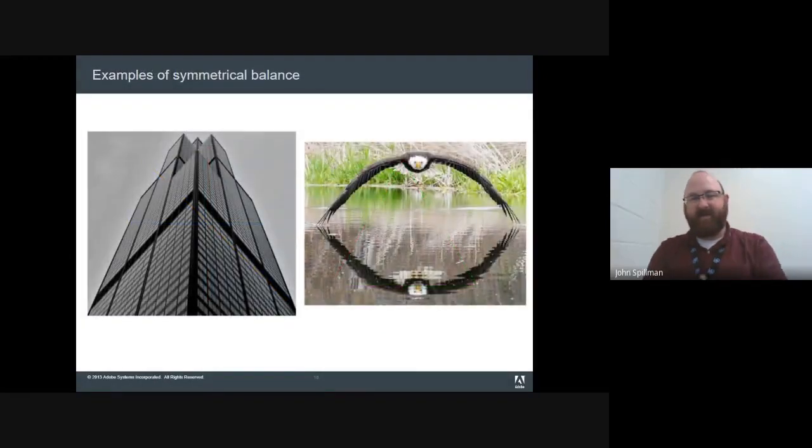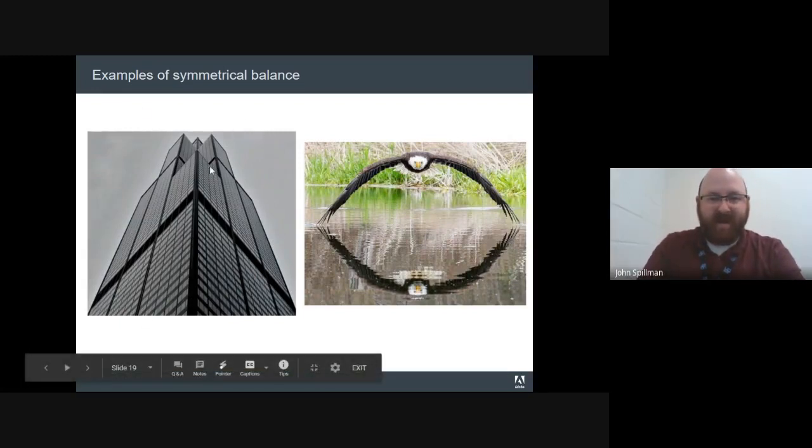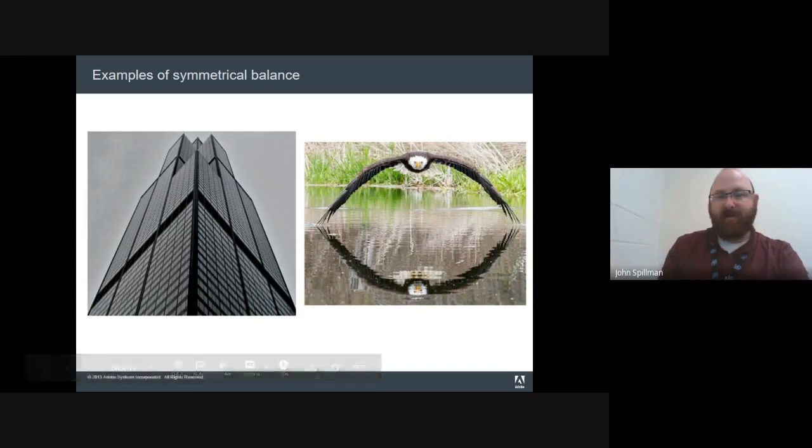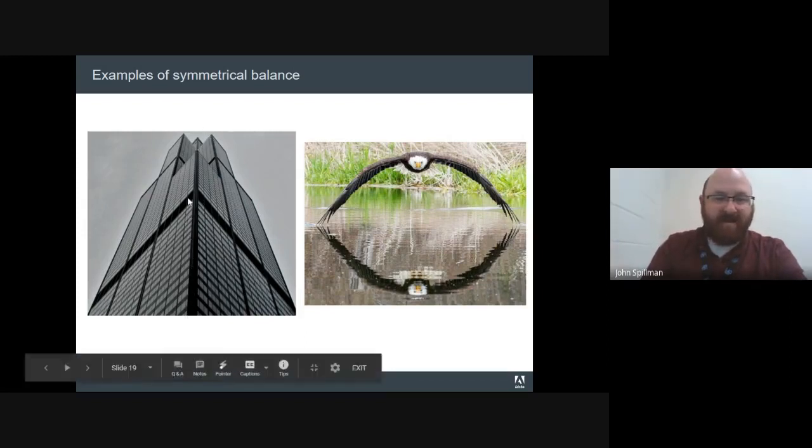All right, let's look at these actual photographic examples here. So this is obviously an image of a building taken from below it somewhere. Now, if I was going to figure out what balance it has, all I got to do is ask myself, all right, if I divide it this way, do both sides match for the most part?